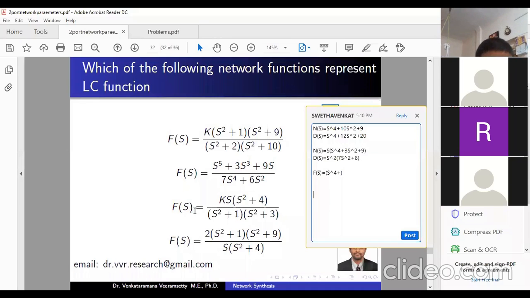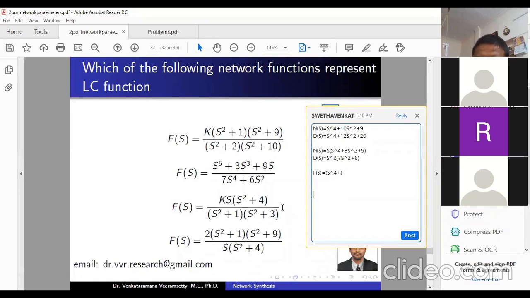Now here, coming to the f of s, for this one we need to check whether this network function is an LC function or not. How can we check whether this function is an LC function or not? See, in the numerator we have s cube plus 4s. That means it is odd. In the denominator we have s to the power 4 plus 4s square plus 3.